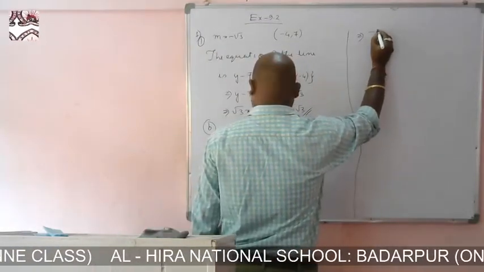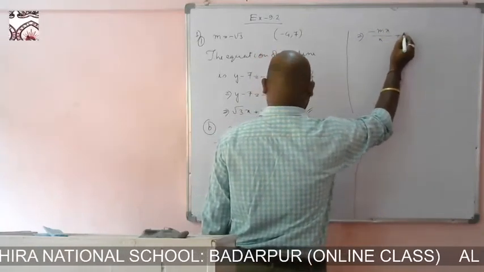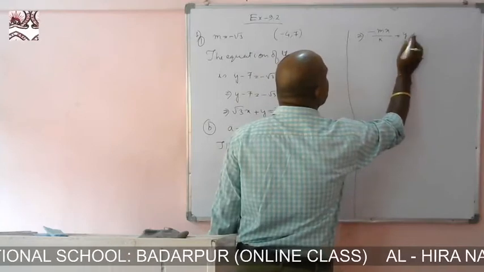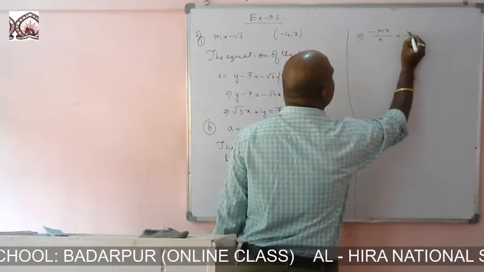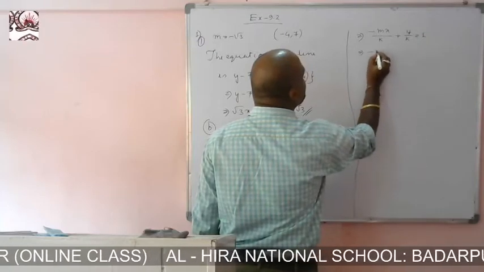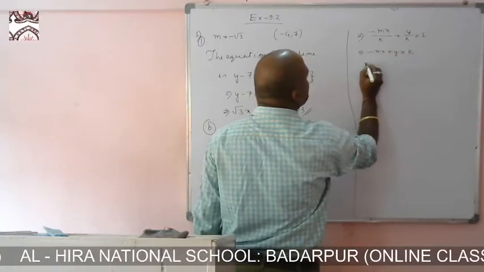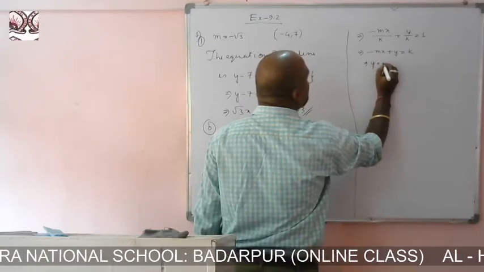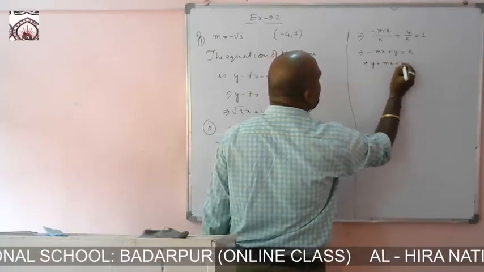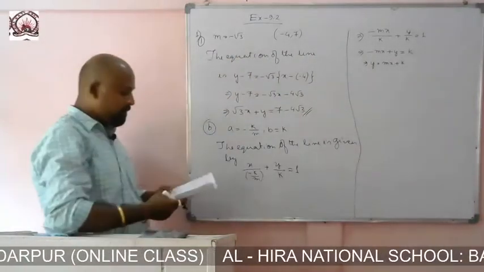Minus m into x divided by k plus y by k equals 1. So we get minus mx plus y equals k. So it implies y equals mx plus k.